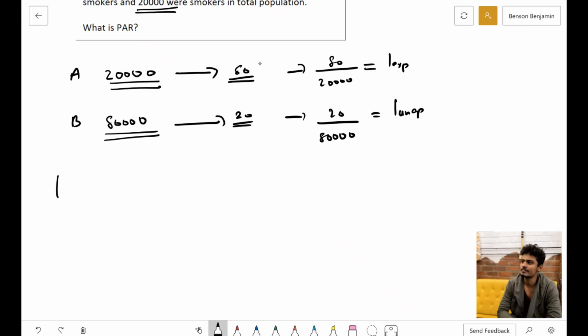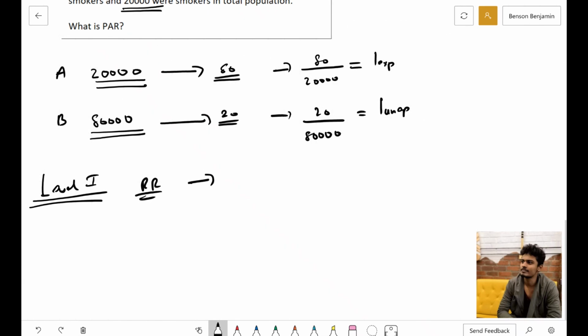Level 1, as I told you, will be the relative risk. What is relative risk? We found that the smoking population has a higher rate of cancer. So how much higher? How will you compare? If you take a ratio, you are comparing incidence among exposed divided by incidence among unexposed.